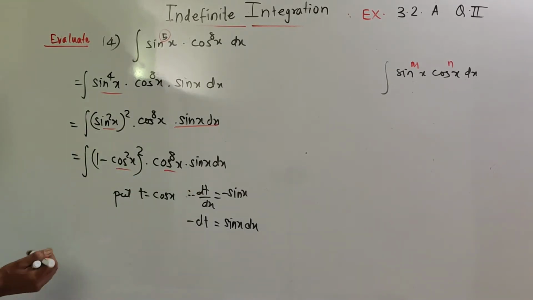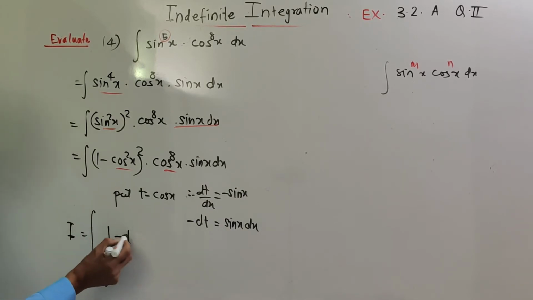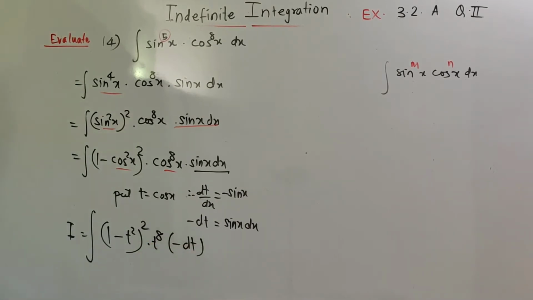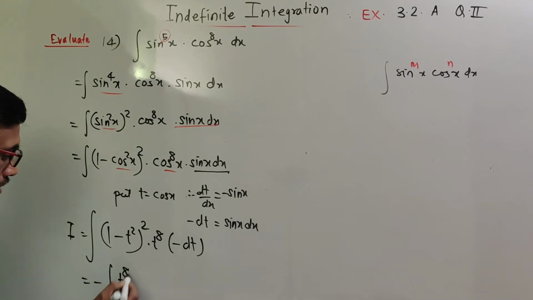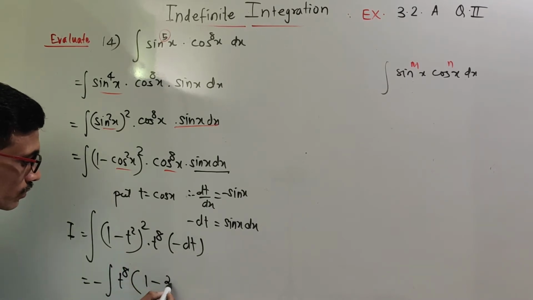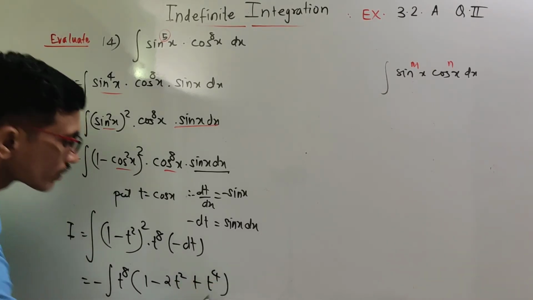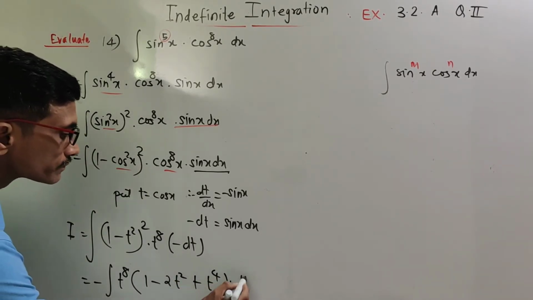So this sin x dx is minus dt and cos x is equal to t. So integral I will be equal to 1 minus t square whole square and t raised to power 8. Sin x dx is minus dt. This minus sign we take outside, and we expand this bracket: t raised to power 8, 1 minus 2t square plus t raised to power 4, into dt.